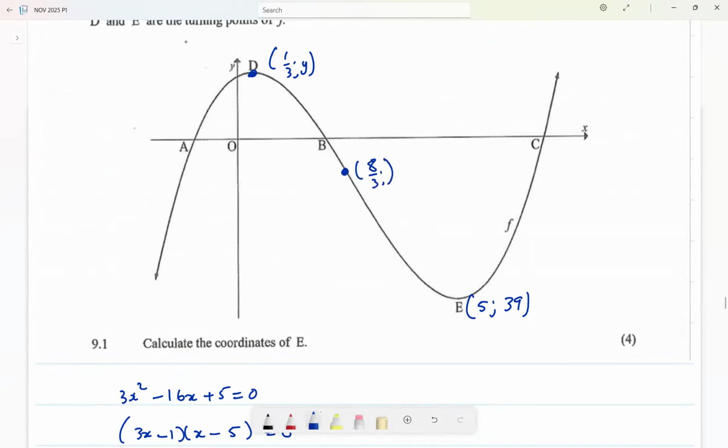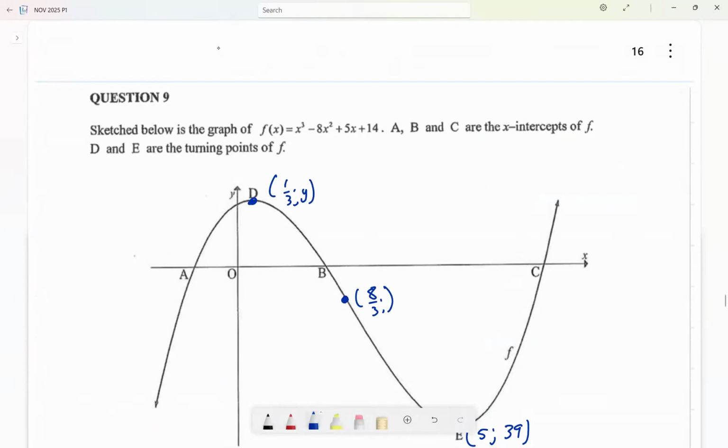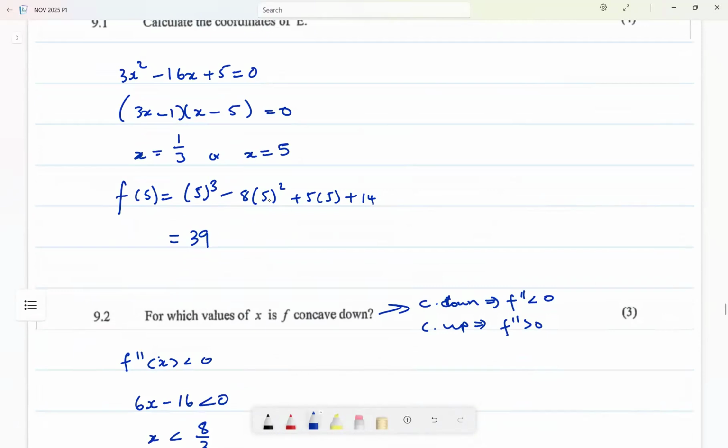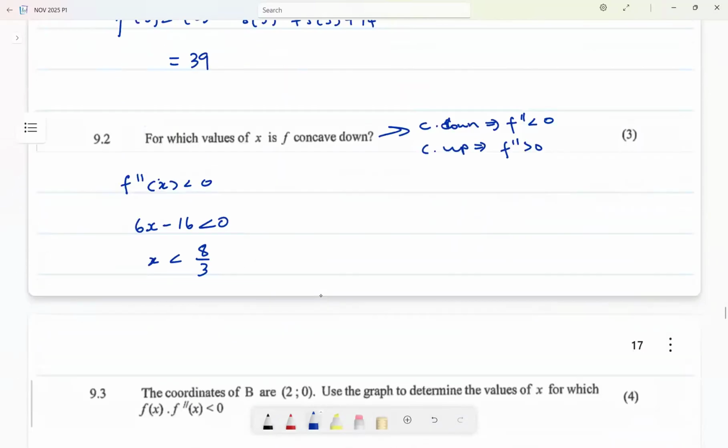So this is my point of inflection, okay? And you can see for it to be concave down, it should be less. It's fine, guys. What you can do is find the second derivative and equate it to 0, find the x, and then look at your graph.